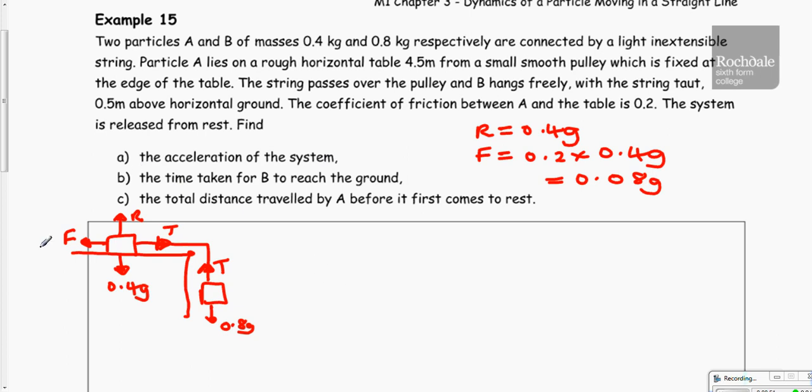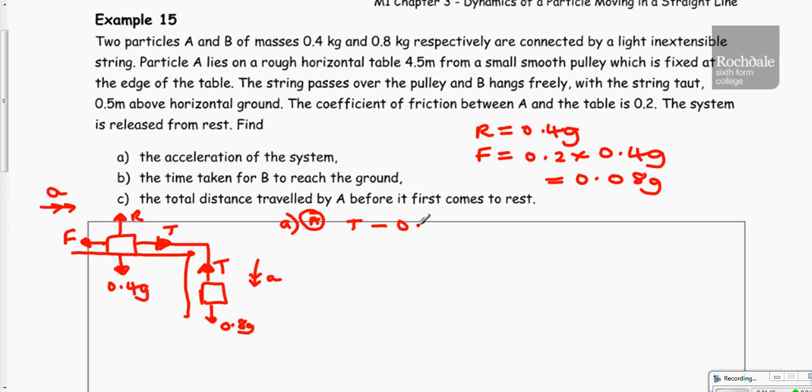First thing we have to do is find the acceleration. Now the whole system would accelerate to the right. And what I'm going to do is F equals ma for both particles. This particle is going to accelerate downwards. This particle is going to accelerate along the table. So if I do it for A to start off with, F equals ma in the direction of motion, we've got tension pulling it forward.